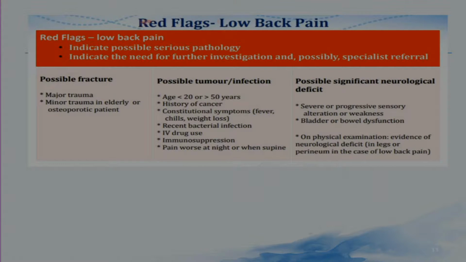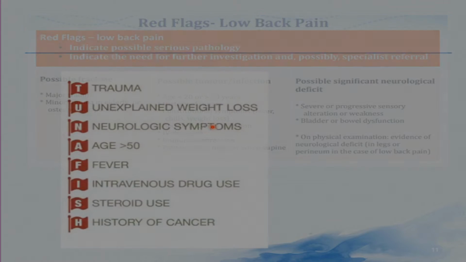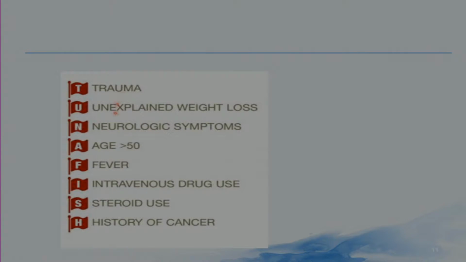So the red flags indicate possible serious pathology and the need for further investigations. There are red flags indicating possible fracture, possible tumor or infection, and possible significant neurological deficit. I'm not going to go through the whole list, and if this list is too extensive, there's an easier mnemonic, that is TUNA FISH.